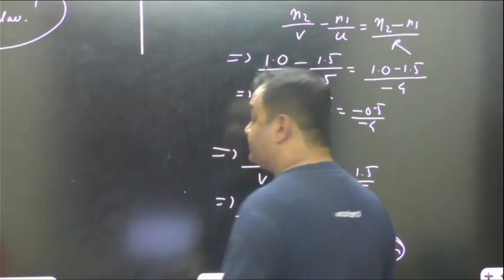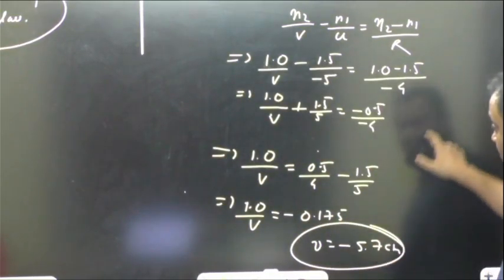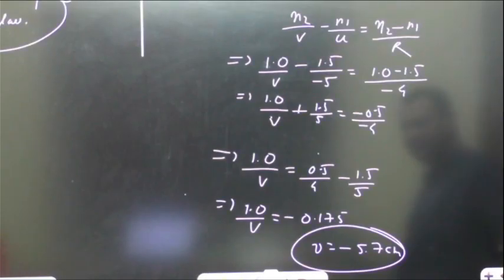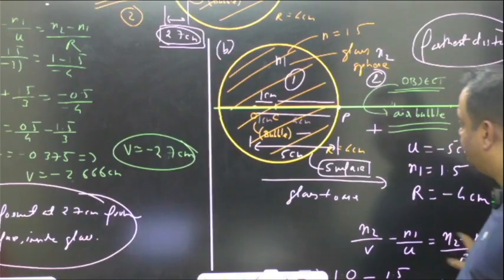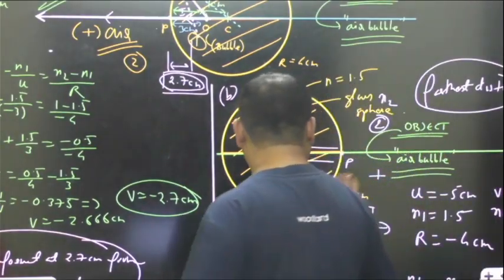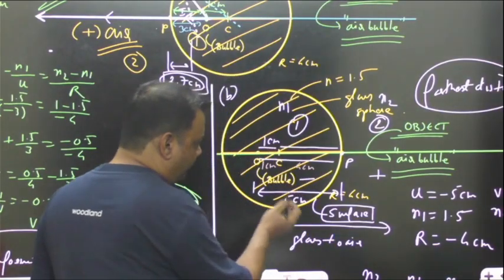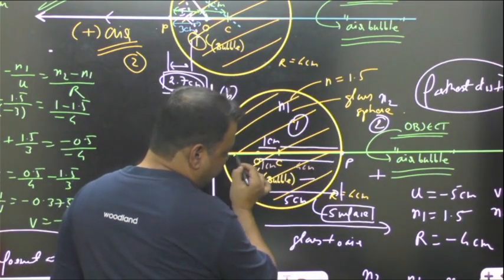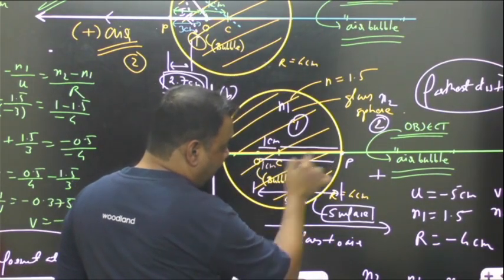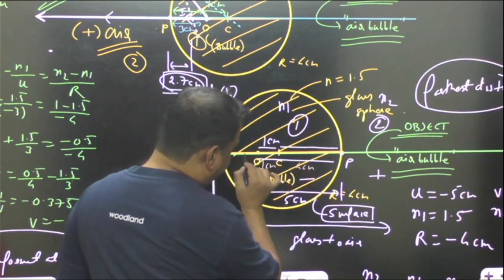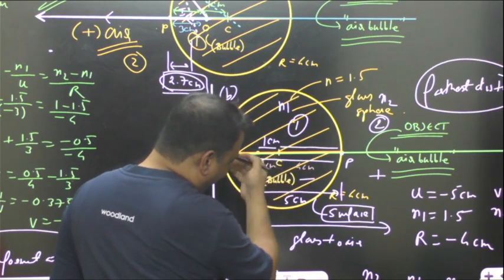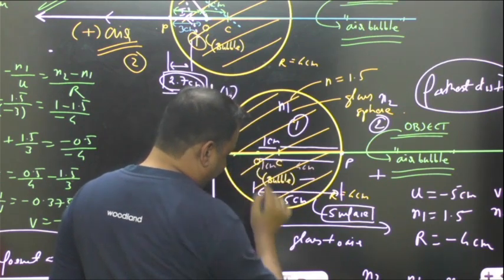And the negative sign is telling you that it will be formed in the medium on the negative side of the pole. So what is the medium on the negative side of the pole? That is the glass. So it will be formed at 5.7 centimeter inside the glass from the pole. So see, this is 4, this is 5. It will be formed beyond O, something like this. Can you visualize?